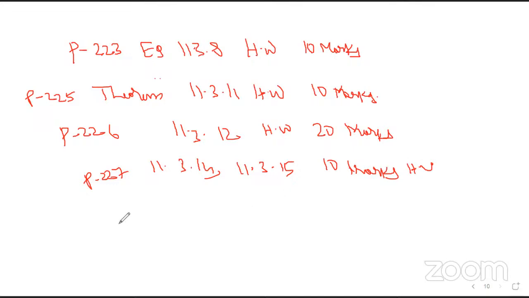Next, page number 229. Easy, this is general division. 11.3.17, examples now, homework for 10 marks.